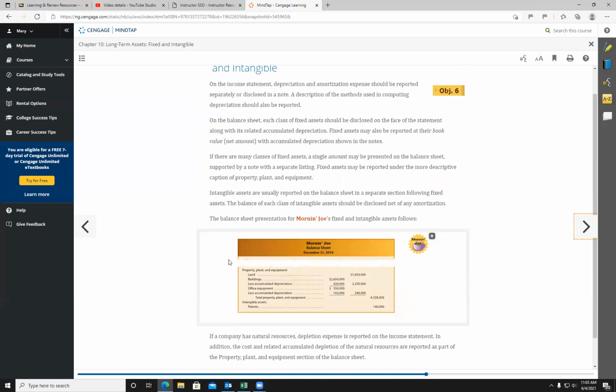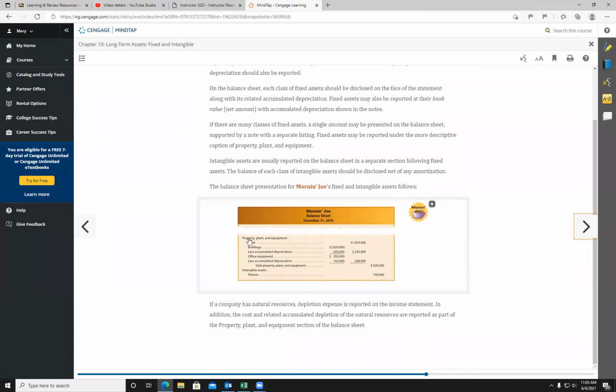If you look right here, some balance sheets title this fixed assets. Some balance sheets title it property, plant, and equipment. But here is where your fixed assets, both tangible and intangible, should be listed.